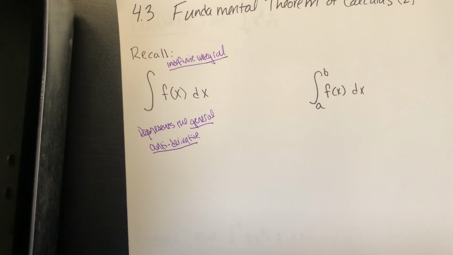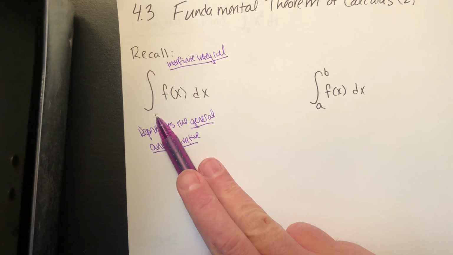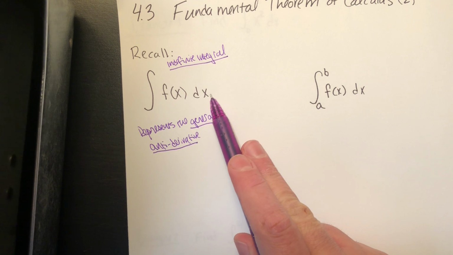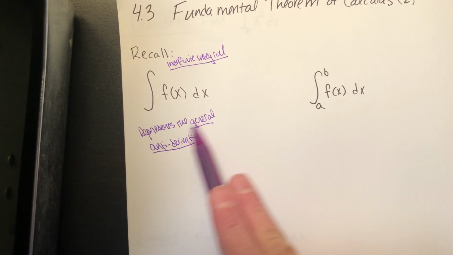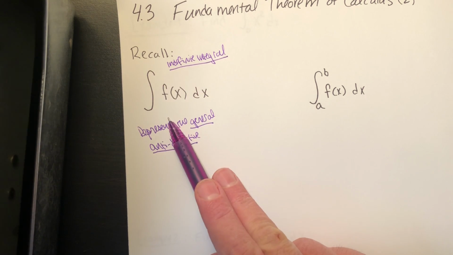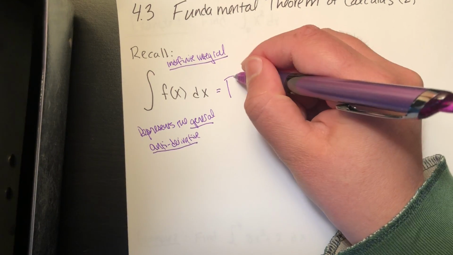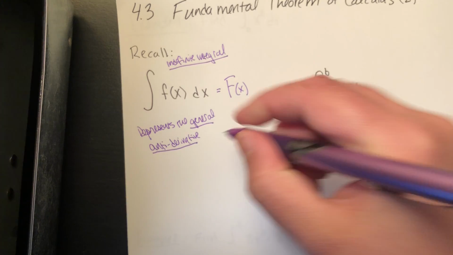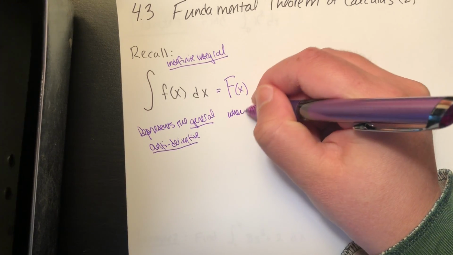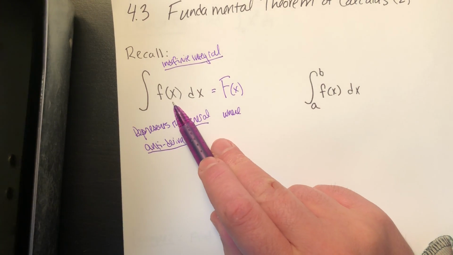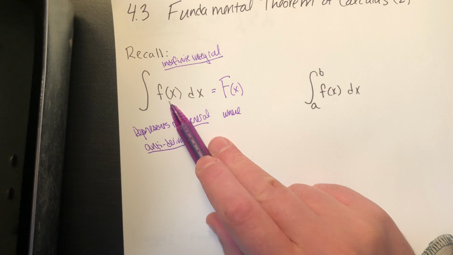Okay, and so when we write the indefinite integral of f of x with respect to x, what this really represents is a function, right? Some other function big F of x, where this big F of x is the antiderivative or general antiderivative of little f of x.